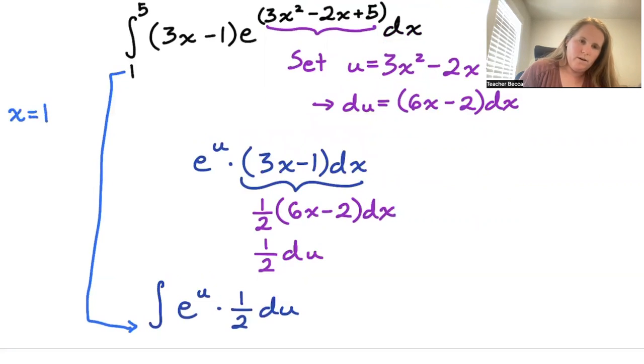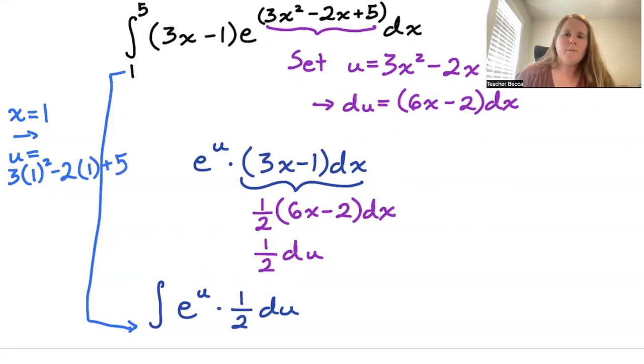So x equals 1 would mean that u is equal to 3 times 1 squared minus 2 times 1 plus 5, otherwise known as 3 minus 2 plus 5, which is 6. So our lower bound becomes 6.